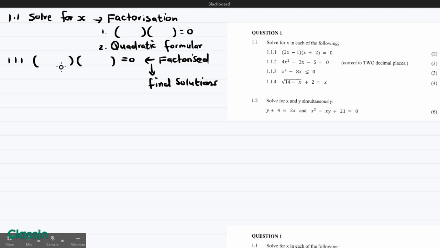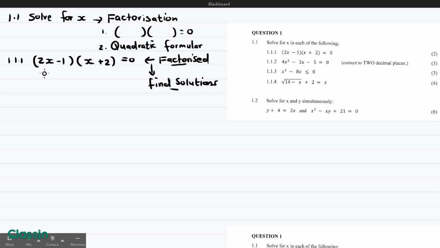Now, how do you find solutions? If you are given 2x minus 1, x plus 2, because the brackets are already there, the problem has been factorized. How do we find answers?